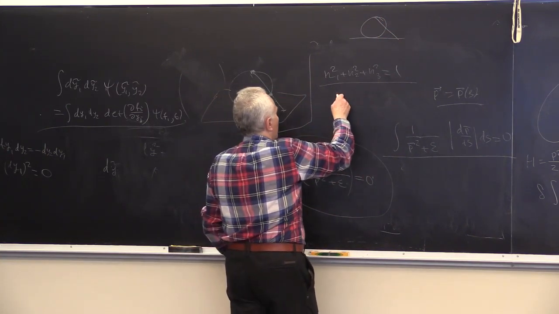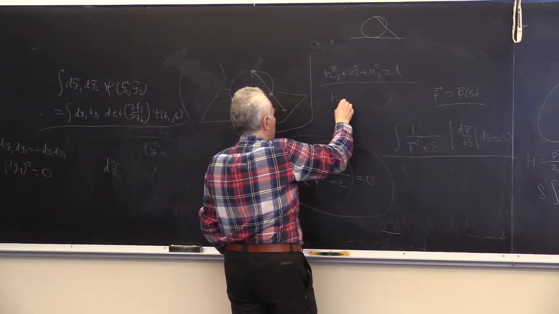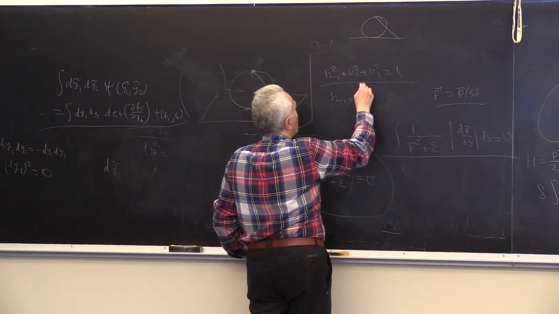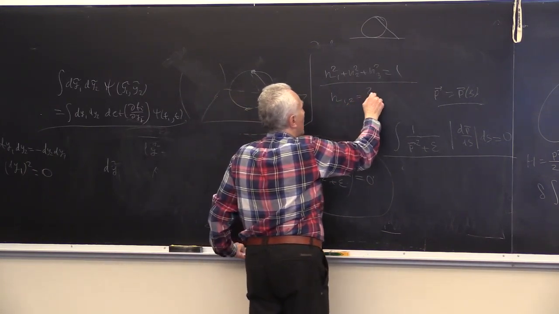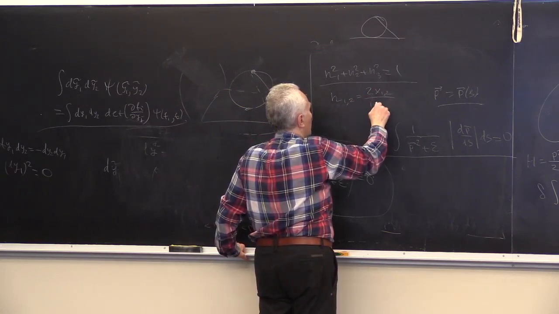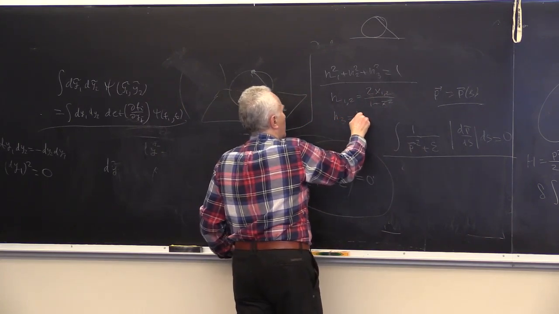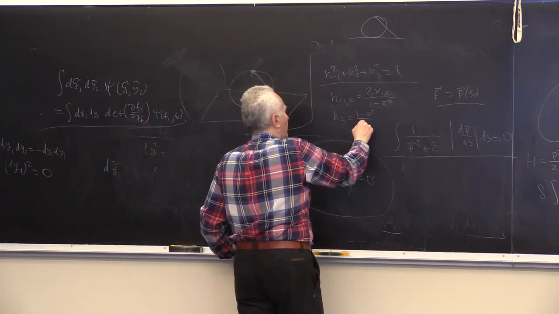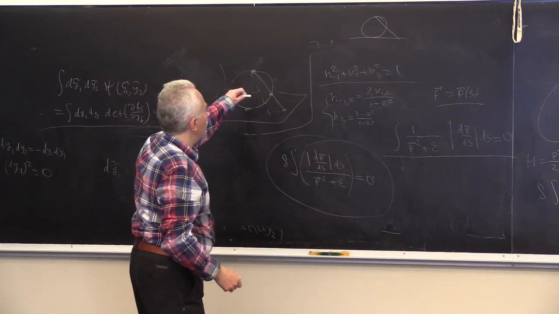And you can parameterize this in various ways. The parameterization which is convenient is the stereographic parameterization. You will check that in your home exercise. This is the formula for stereographic projection.